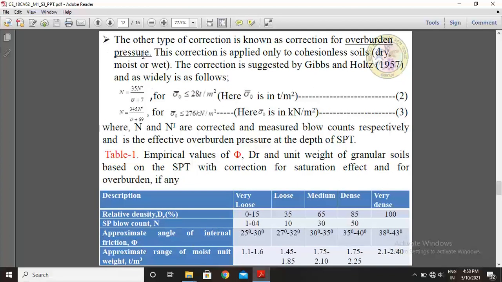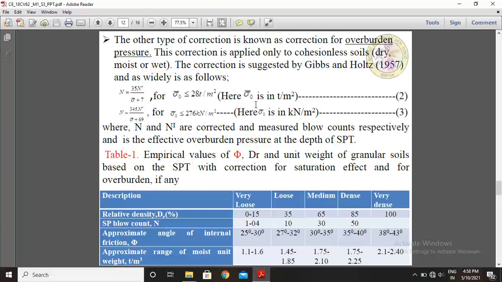The other type of correction is known as correction for overburden pressure. This correction is applied only to cohesionless soils. This correction is suggested by Gibbs and Holtz and is as follows. N equals 35 times N dash by sigma plus 7 for overburden pressure less than or equal to 28 ton per meter square.